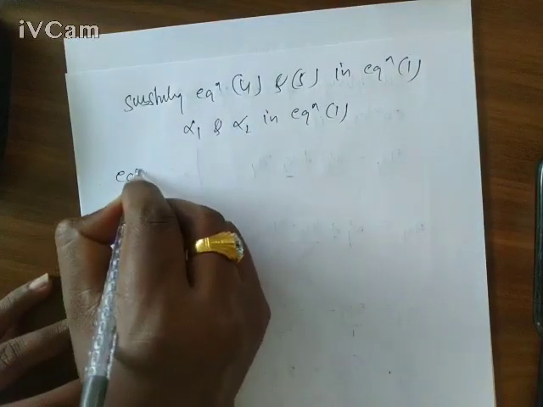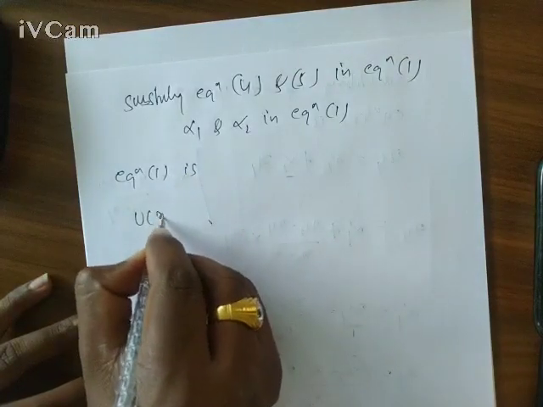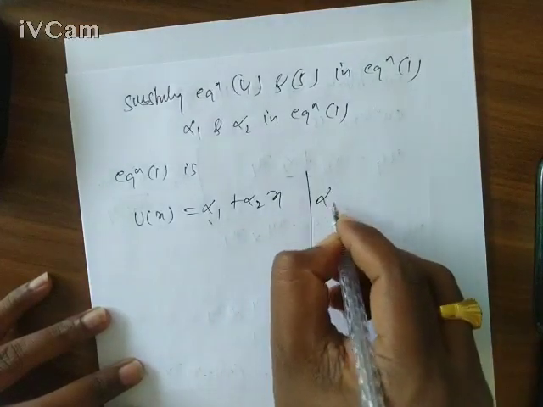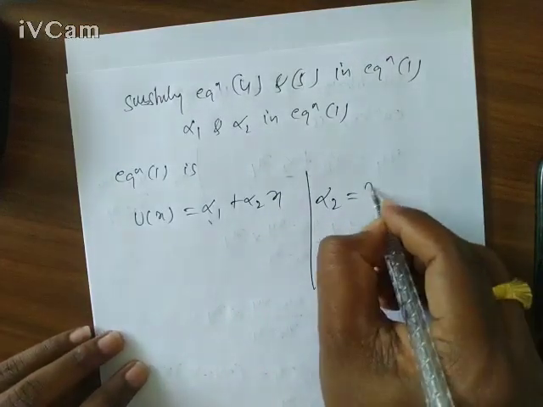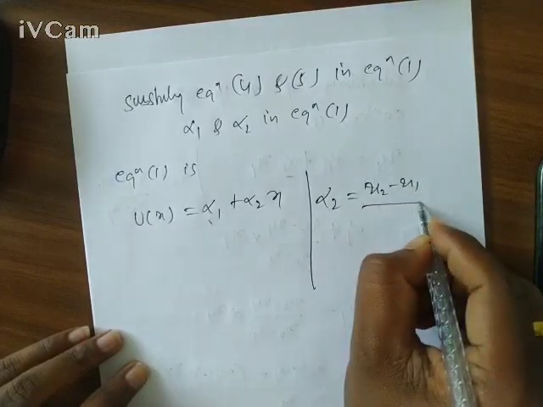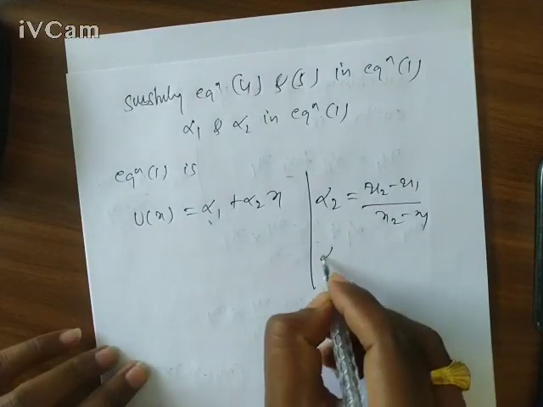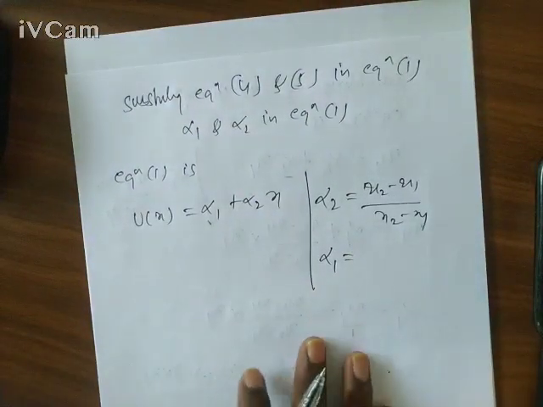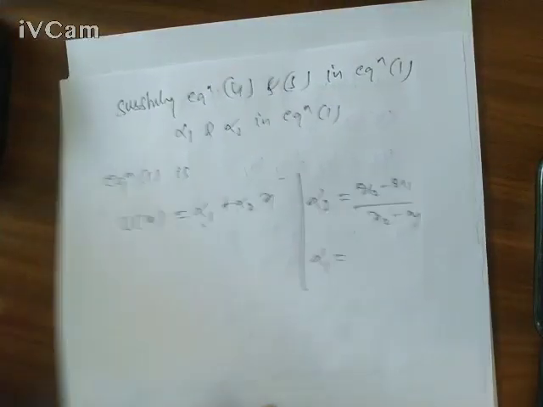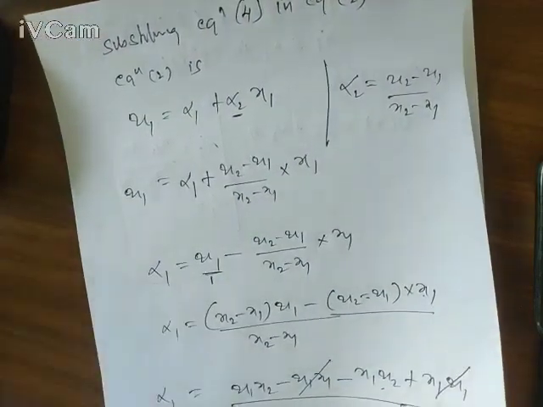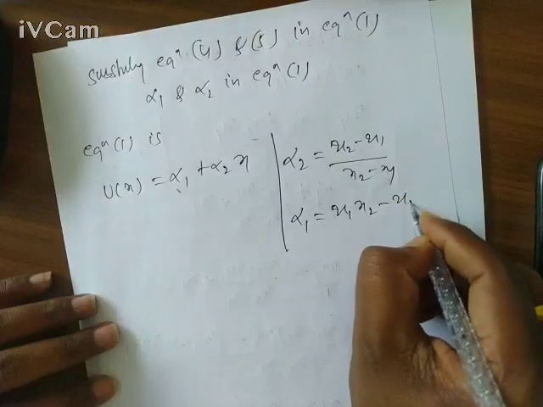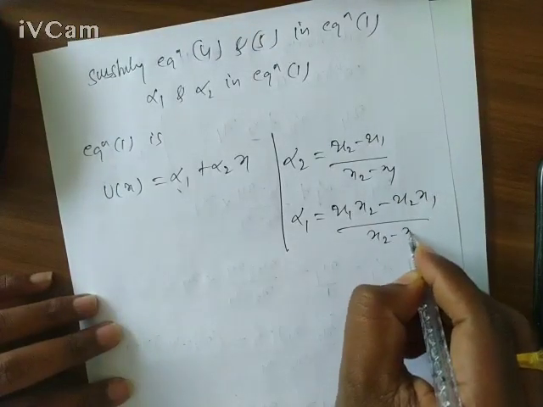So my equation 1 is u of x is equal to alpha 1 plus alpha 2 x. What is alpha 2? Alpha 2 is u2 minus u1 divided by x2 minus x1. And alpha 1 value is u1 x2 minus u2 x1 divided by x2 minus x1.